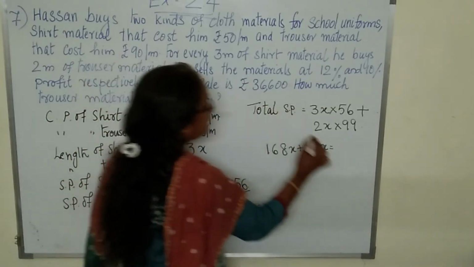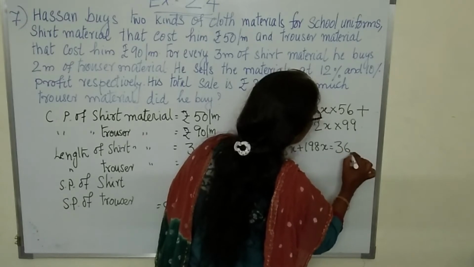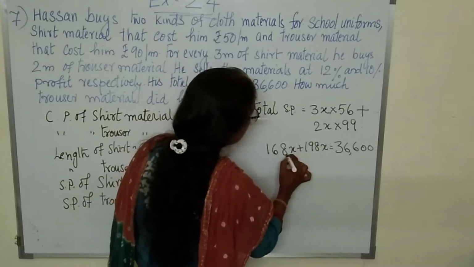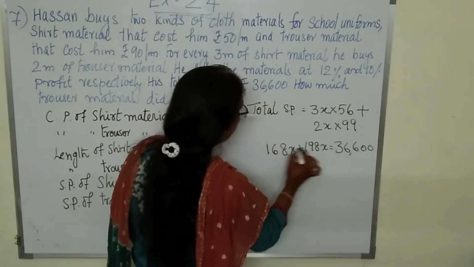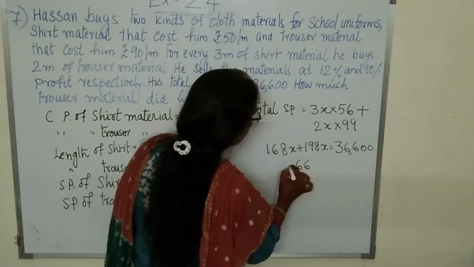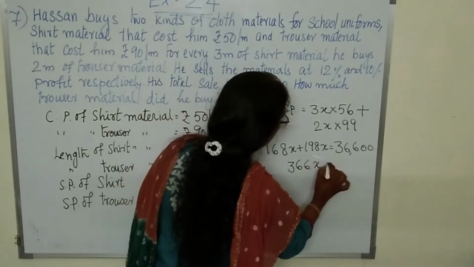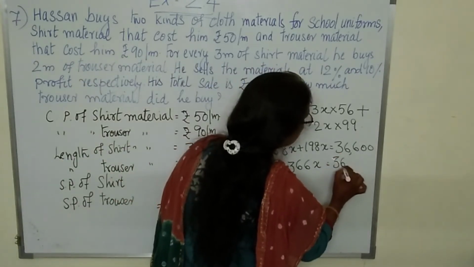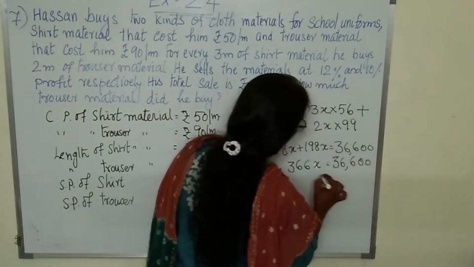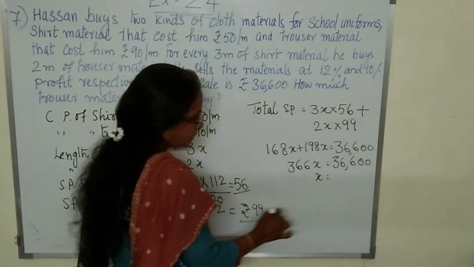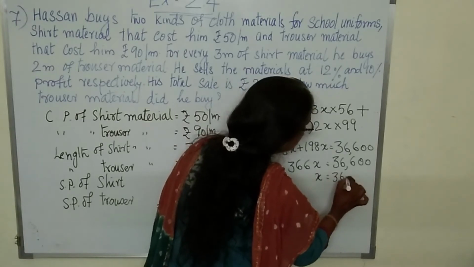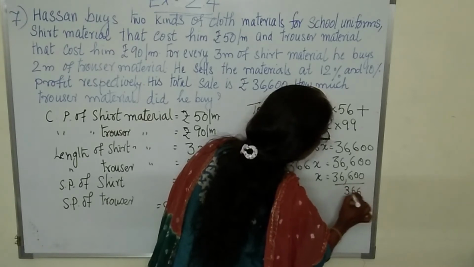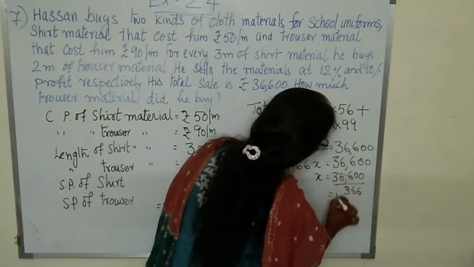What is the amount he gets? 36,600. Now when you add, 8 plus 8 is 16, 9 plus 1 is 10, plus 6, 366x is equal to 36,600. From this you find the value of x, which is 36,600 upon 366, equal to 100.